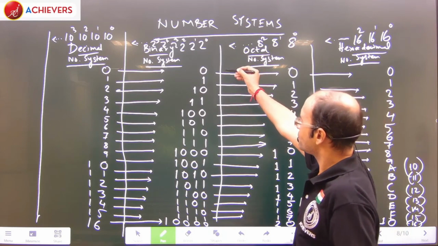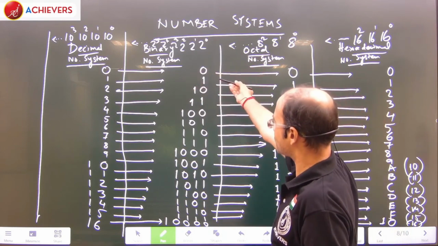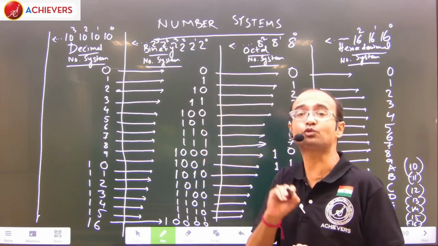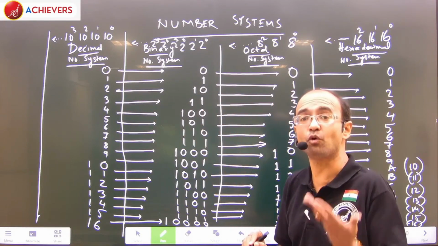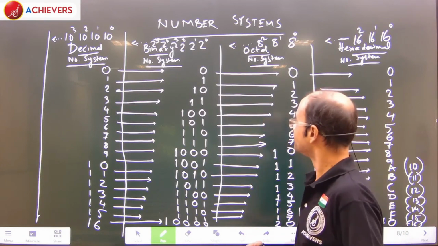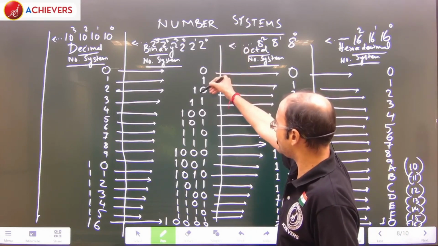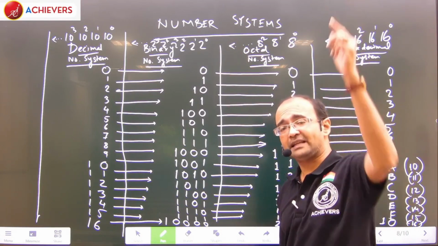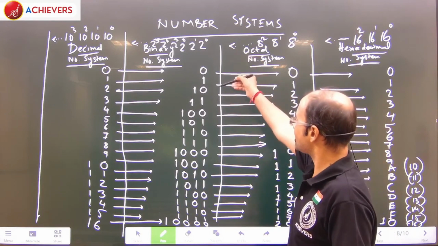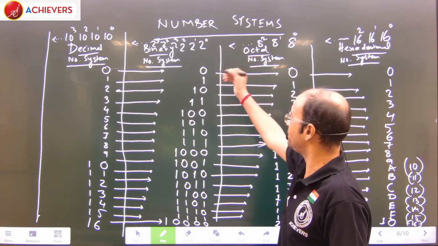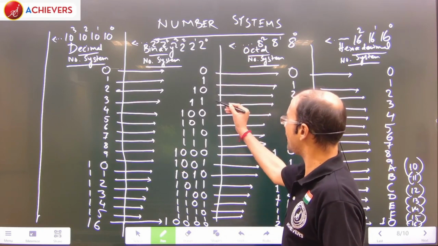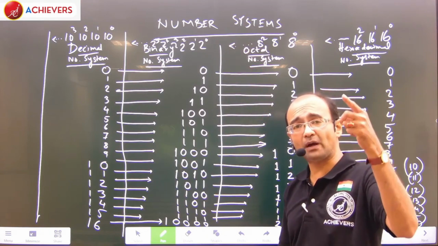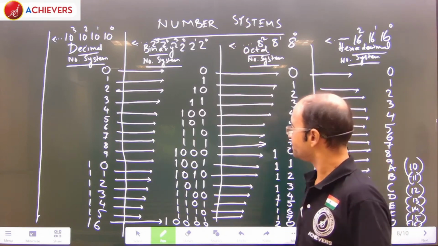So 0 is represented as 0, 1 as 1. 2 will be represented as 10, because we can represent only 0 and 1. So under 2 to the power 1, we put 1. That means 1 into 2 to the power 1, that is 2. Under units place, that is 2 to the power 0, it will be 0, so 10. Similarly, 11 represents 2 to the power 1 plus 2 to the power 0. So 2 plus 1, that is 3.